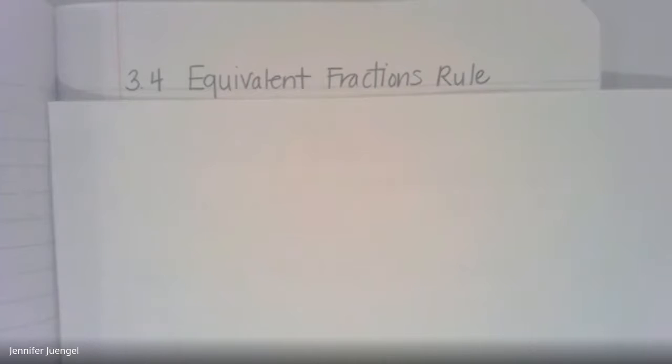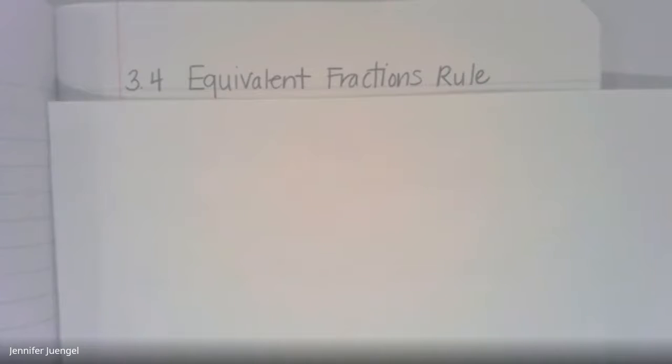You also may remember that when we were talking about equal sharing and equivalence, I gave you a trick to super quickly find equivalence between fractions. So today we're going to talk about that rule, called the equivalent fractions rule.